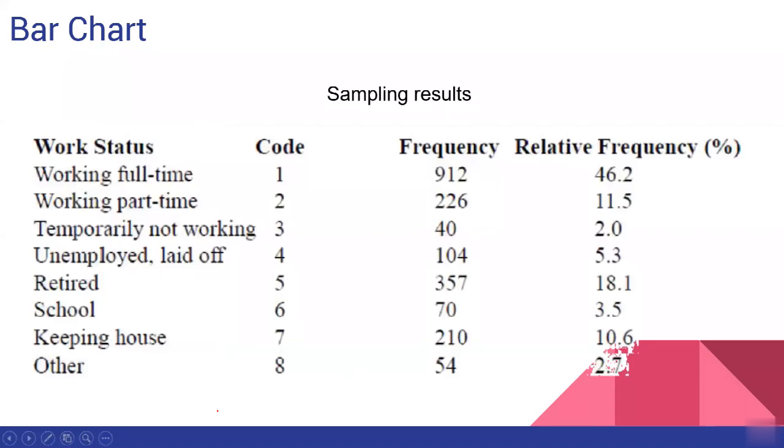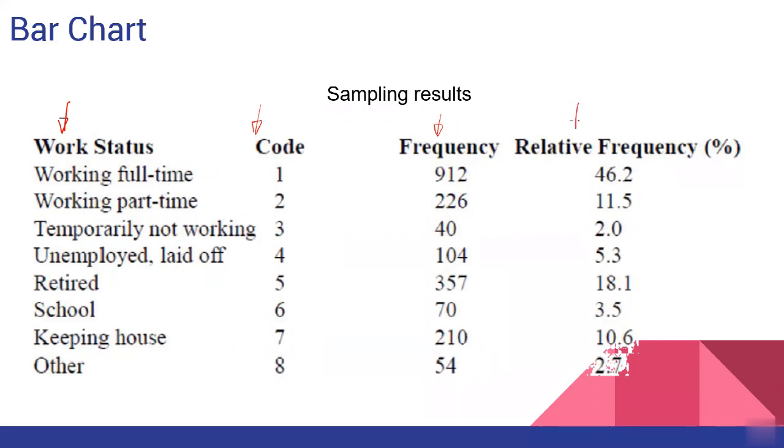respectively. And then we list all the sampling results in the table. The first column is their work status. The second column is the corresponding code that we use to represent this work status. The third column is frequency, that means how many people responded with this status.